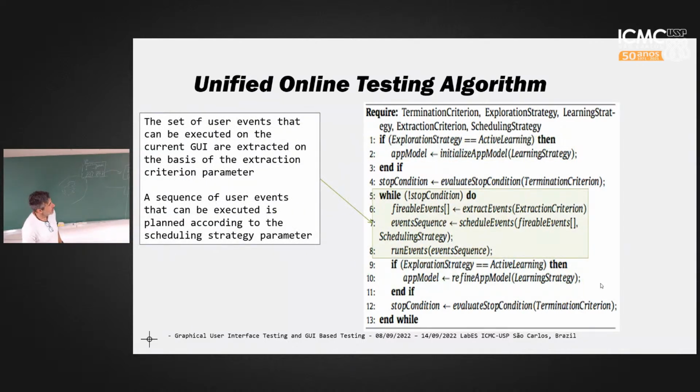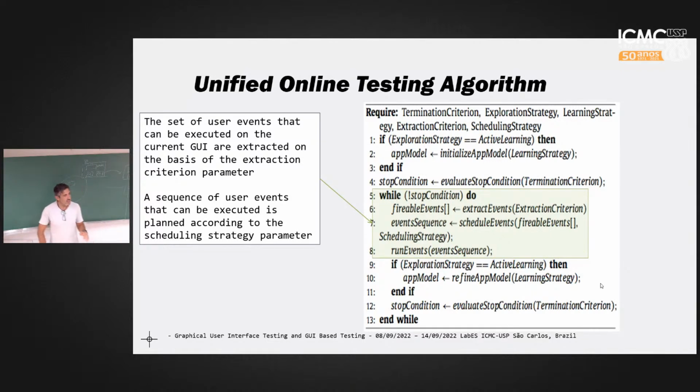So here, the extraction criterion. The extraction criterion is the criterion that is used for extracting the events that you want to fire on the GUI.